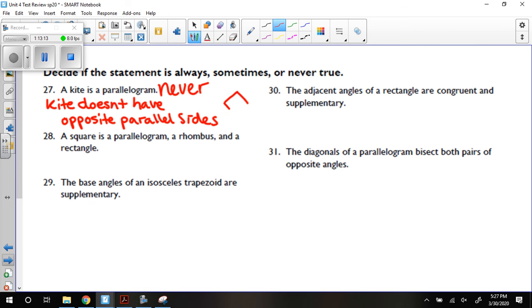Remember a kite looks like this, and you've got adjacent sides that are congruent, but none of them are parallel.